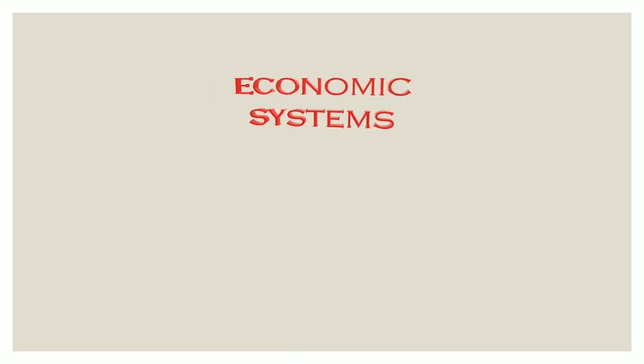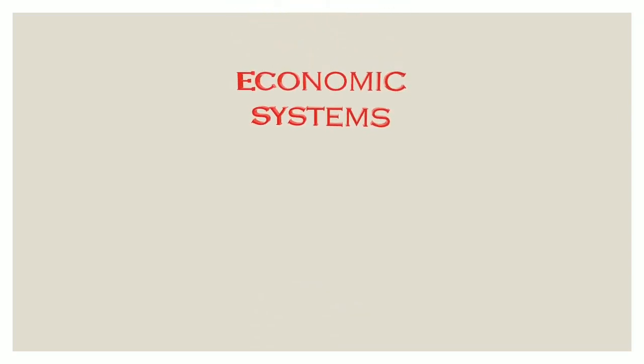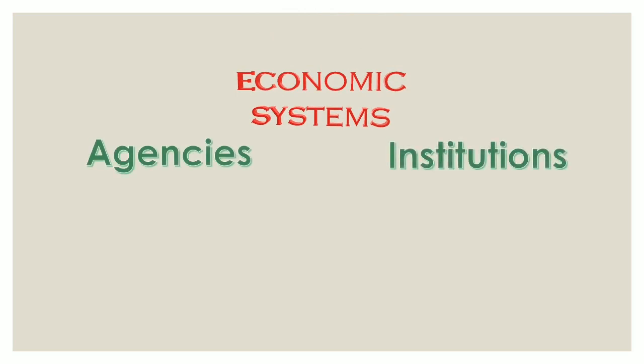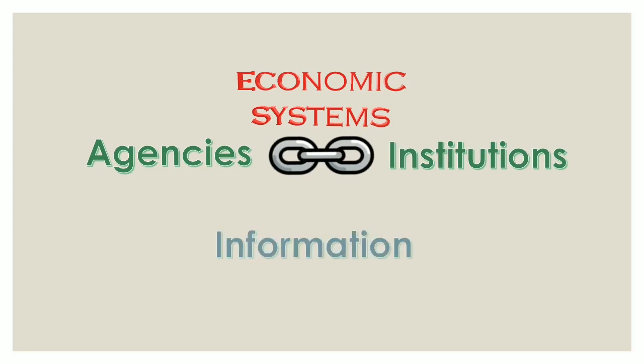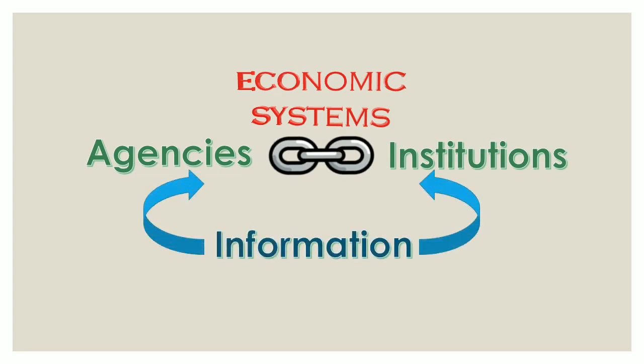So students, the study of economic systems includes how these various agencies and institutions are linked to one another and how the information flows between them and the social relations within the systems, which include the property rights and the structure of management.